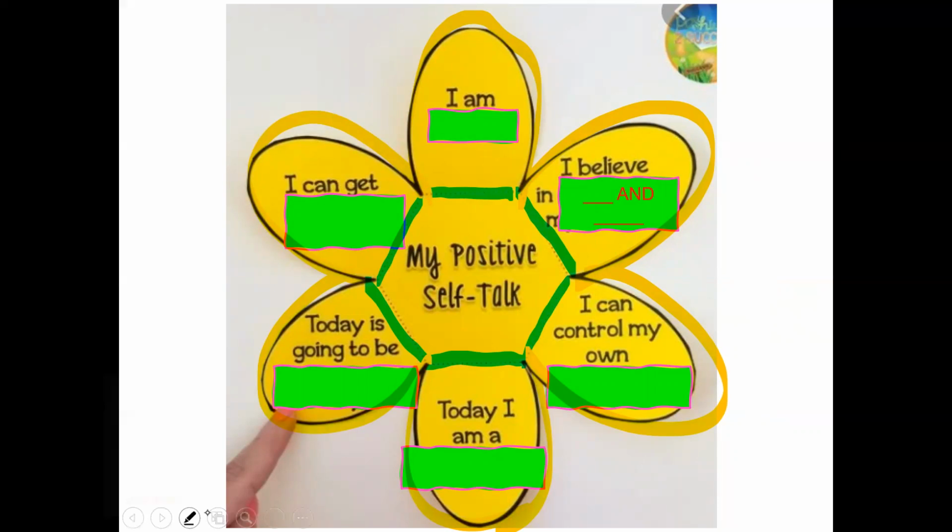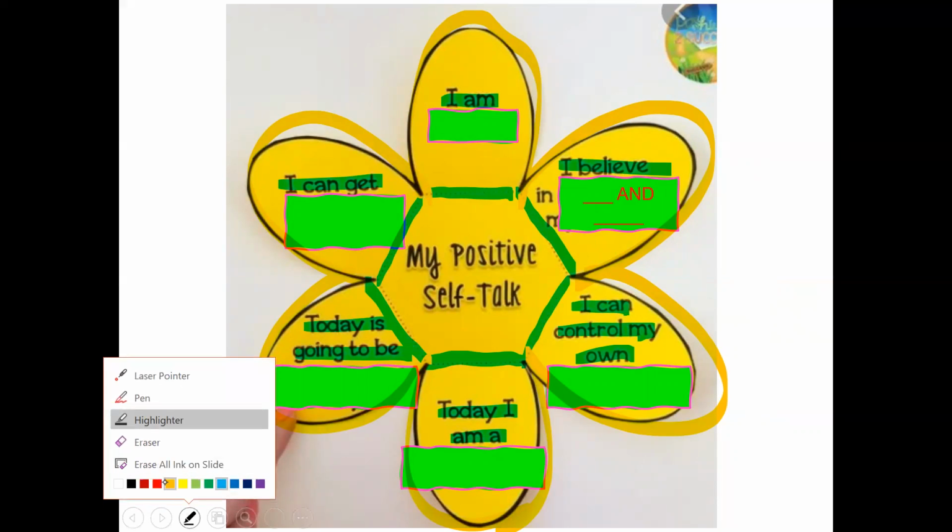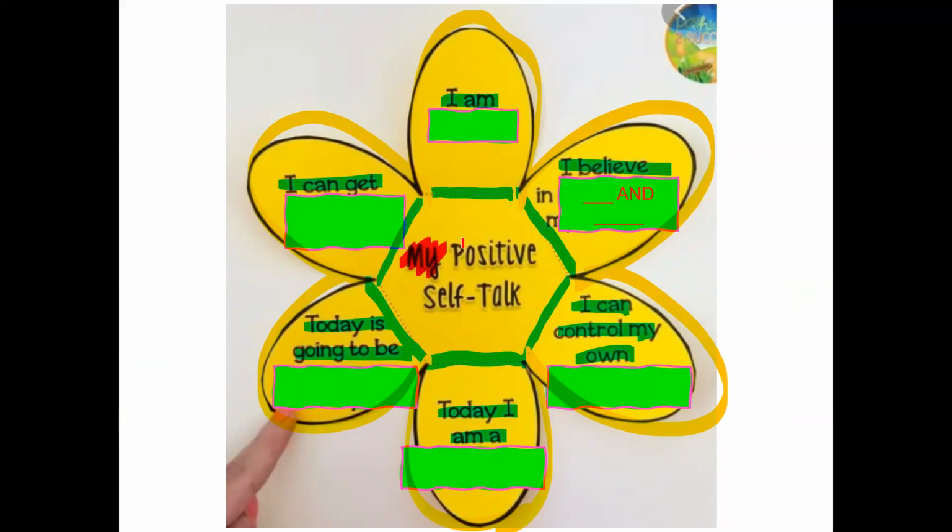And then on each of the petals, you're going to write down: I am, I believe, I can control my, today I am, today is going to be, and I can get. This is kind of an effort at positive self-talk, especially during this difficult time with COVID, which I'm sure everybody is having a little bit of difficulty going through.